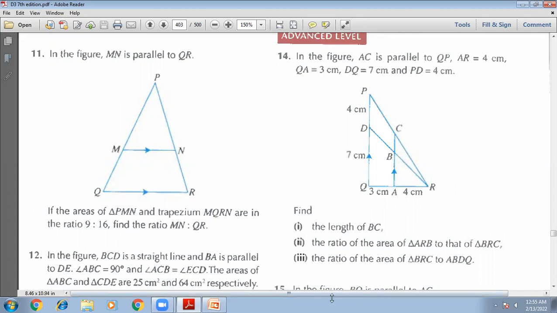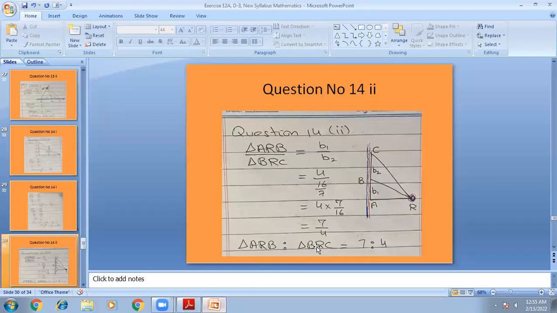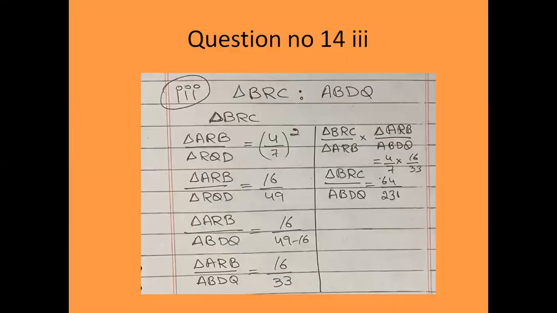It's a little heavy question, so let me show you how this is done. Basically, I want to know the ratio of the area of triangle BRC to the ABDQ, which is a trapezium.